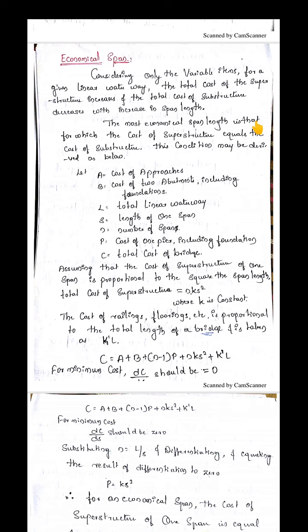That is the width of the stream at upstream, the linear surface of the water, the width of the water at the surface. S is the length of one span. N is the number of spans.